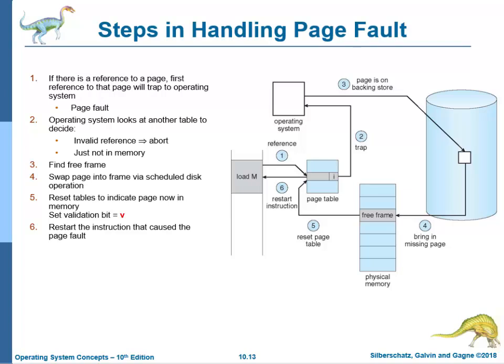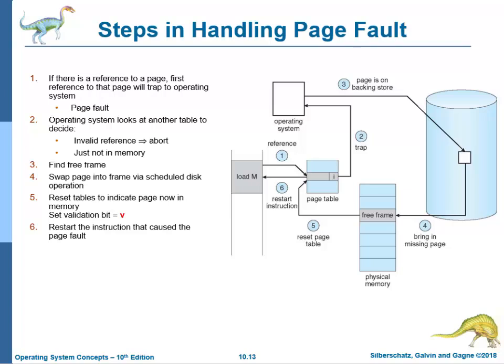Step 1. The memory address requested is first checked to make sure it was a valid memory request. Second, if the reference was invalid, the process is terminated. Otherwise, the page must be paged in.